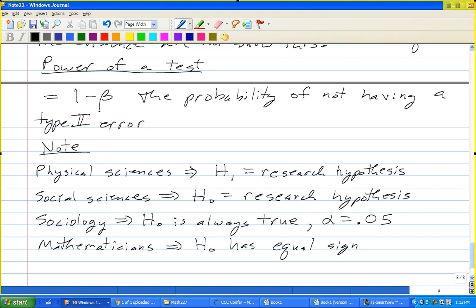You go out and collect some data. You will then determine, from your parameter, what type of sampling distribution you have and calculate your test statistic. You'll then calculate the rejection region and determine if your test statistic lies within the rejection region or not.